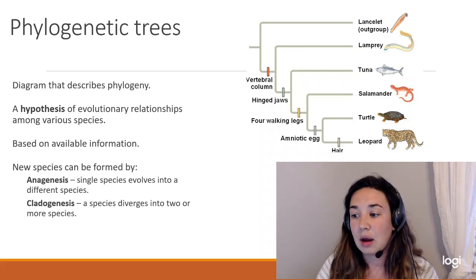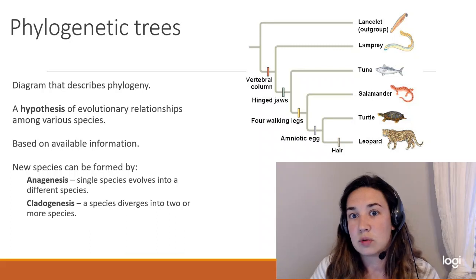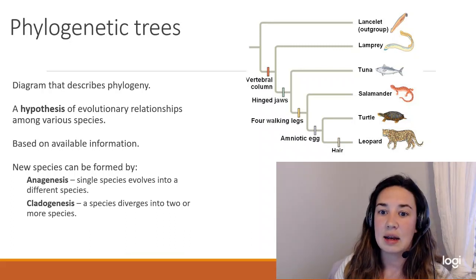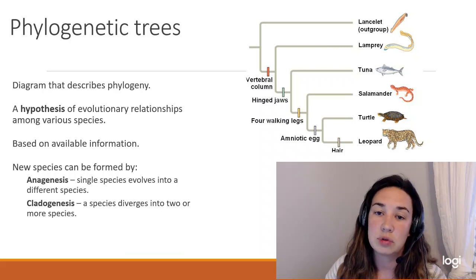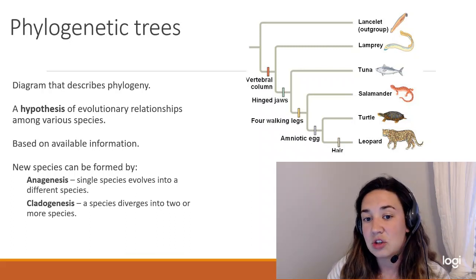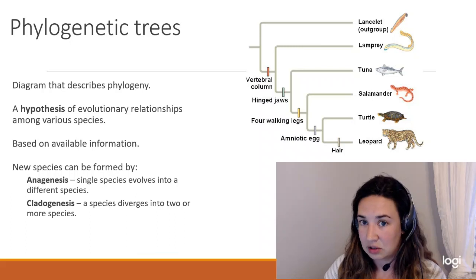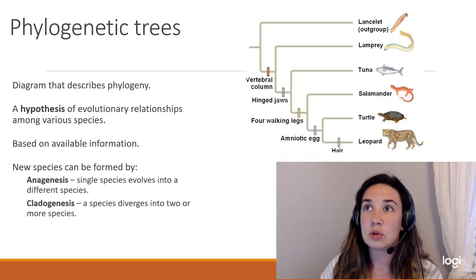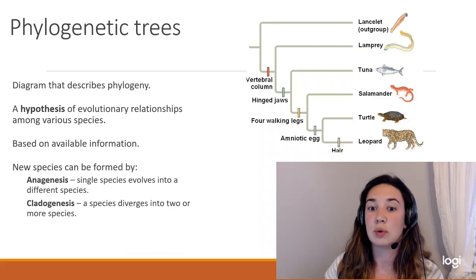Now, when we are looking at new species or species that haven't been described before, new species can be formed in one of two ways: anagenesis and cladogenesis. Anagenesis is a single species that is evolving into a different species.